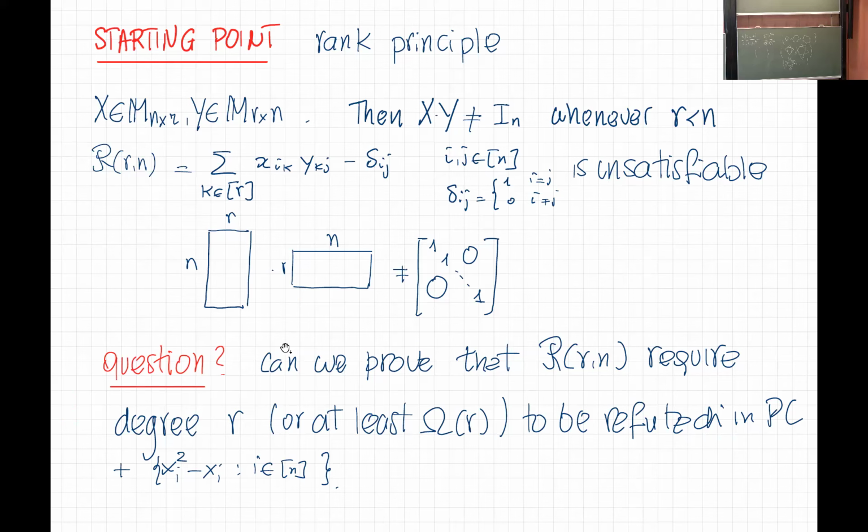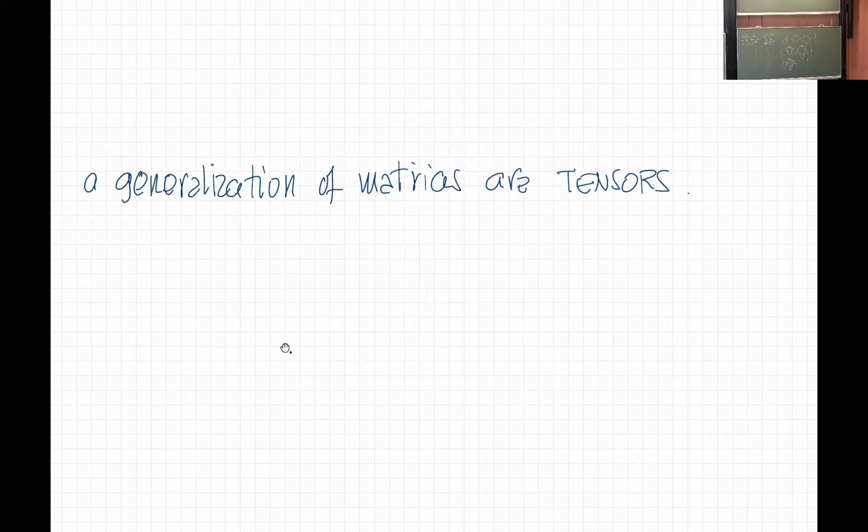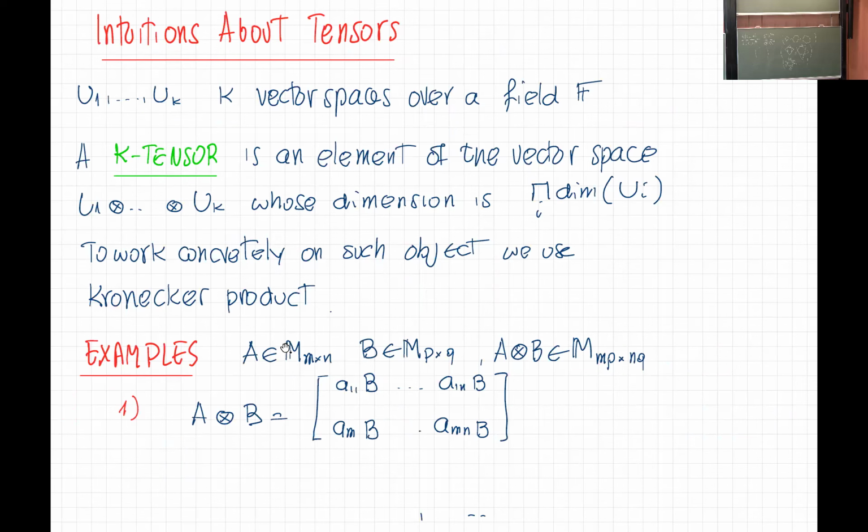In fact, we can prove some result of this form. I will tell you it's not difficult in the end, but one thing that we considered after this was moving to some generalization of matrices, and this generalization is tensors. Let me give you some intuition about tensors so you can understand a bit what we were doing in the work.